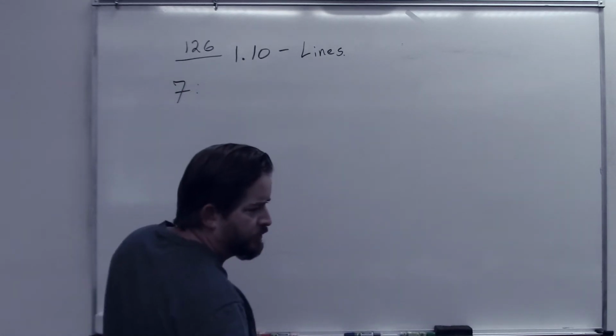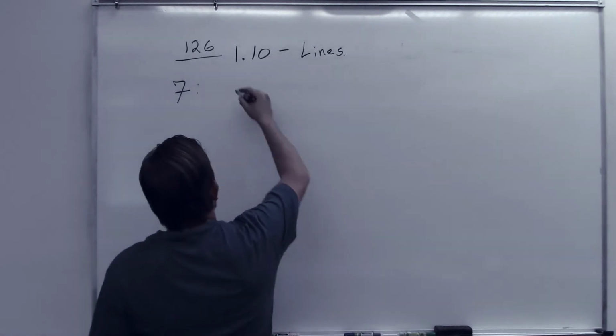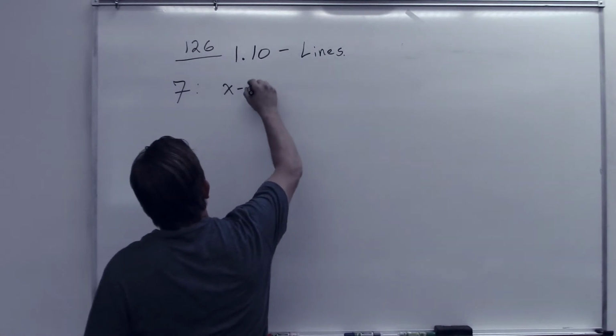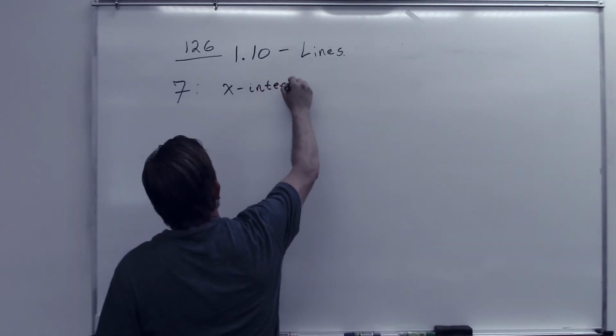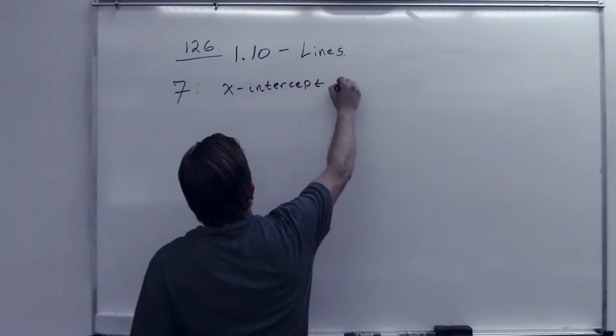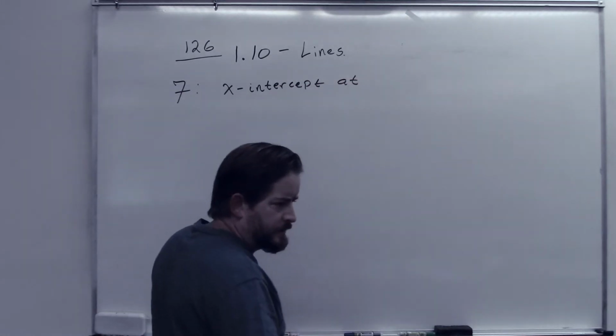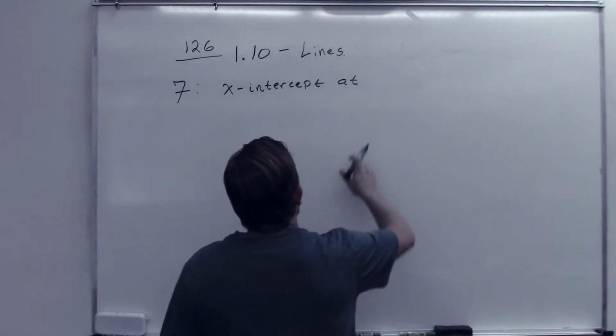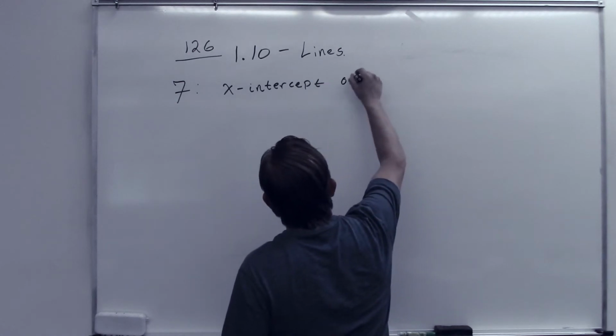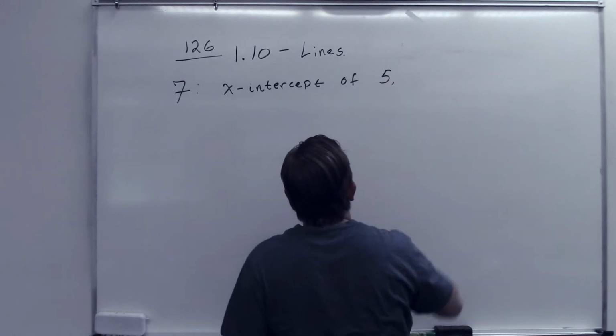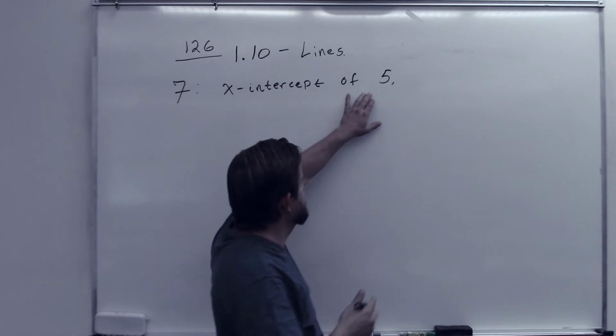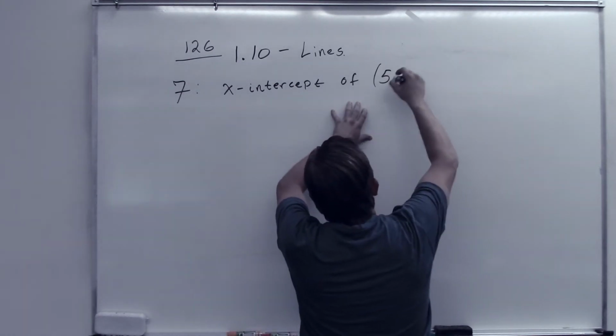Okay, let's look at 7. Seven is find the equation of a line that has an x-intercept of 5. Right. So if it has an x-intercept of 5, that's telling us that we have the point (5, 0).